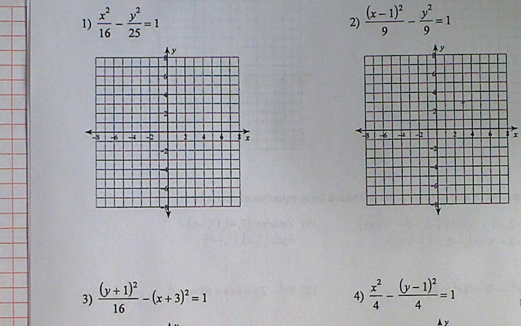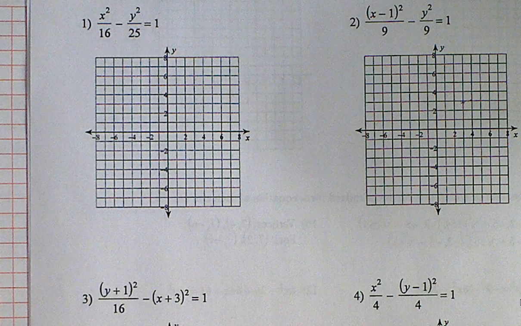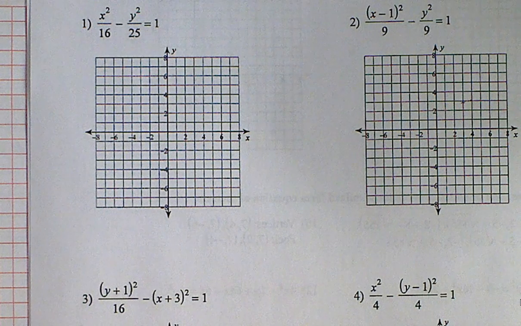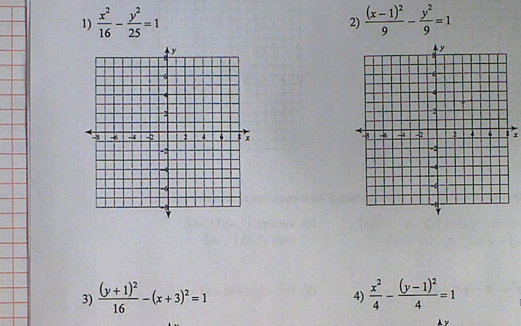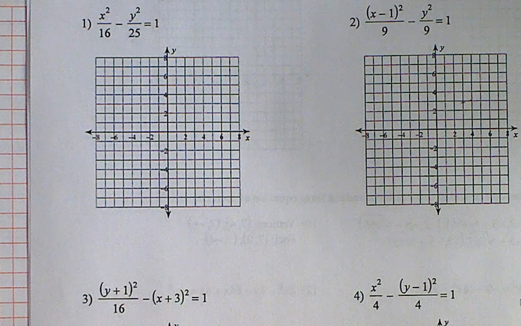The things we have found so far are the length of the transverse and the length of the conjugate axis, the equations of the asymptotes, and the vertices. Now we need to find out what the foci are.